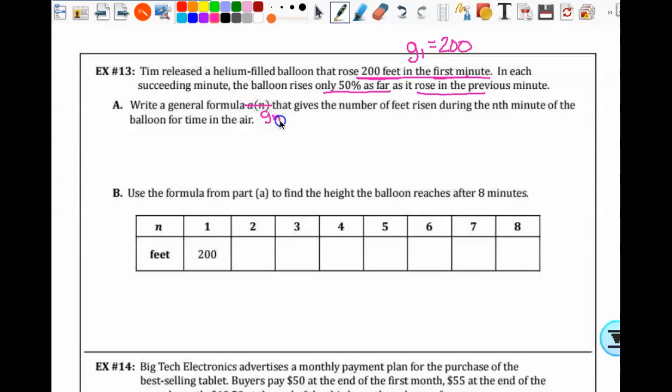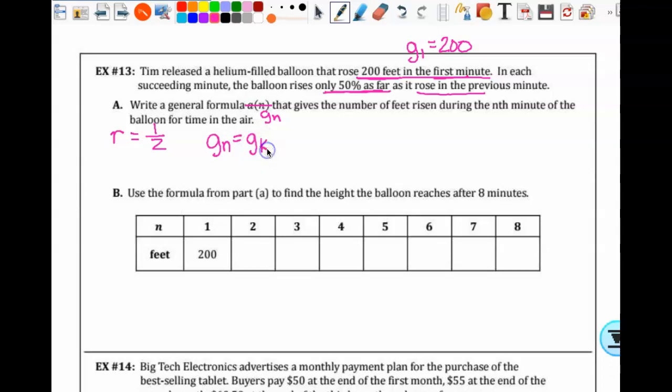G sub n, that gives the number of feet risen during the nth minute of the balloon for the time in the air. All right, so in order to do that, I also need R. What is R, do you think? 1/2. Because 50% as far is half as far, right? So half. Then I want you to write down your generic form without looking up here or anything else, get it out of your brain, then we can check ourselves. Make sure you know it.